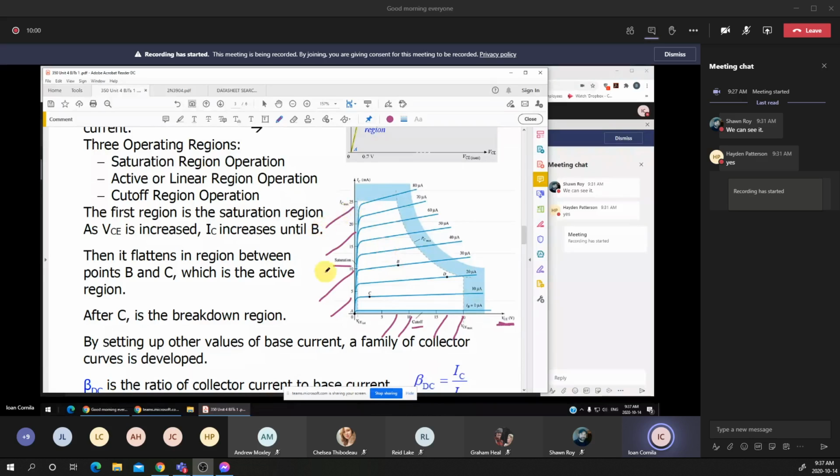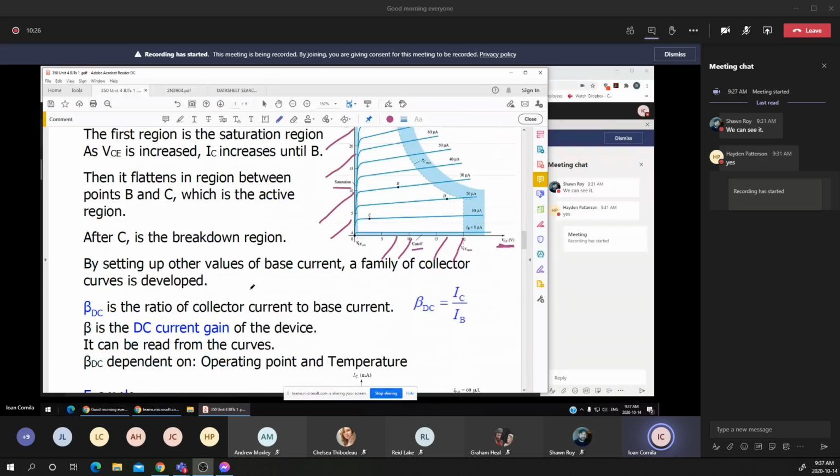Now, first of all, we'll take one of the three regions to define how to calculate the parameters for the saturation region. We'll define saturation, we'll define the cutoff, and after that we'll focus on the linear or active region.